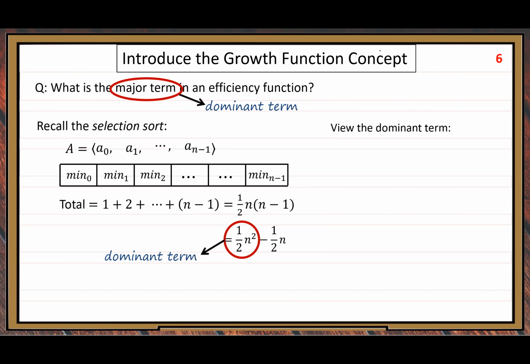Here I just want to explain why the first term dominates the second one, using limits. In calculus, you know how to calculate the limit. We take the ratio of the first term to the second term when n goes to infinity. After simplification, this limit is infinity.